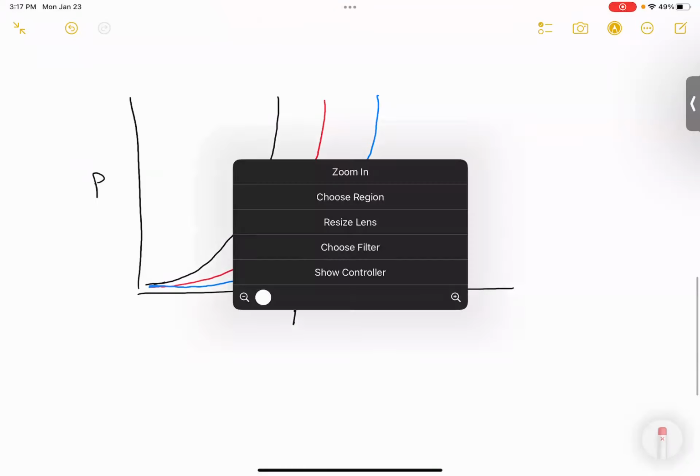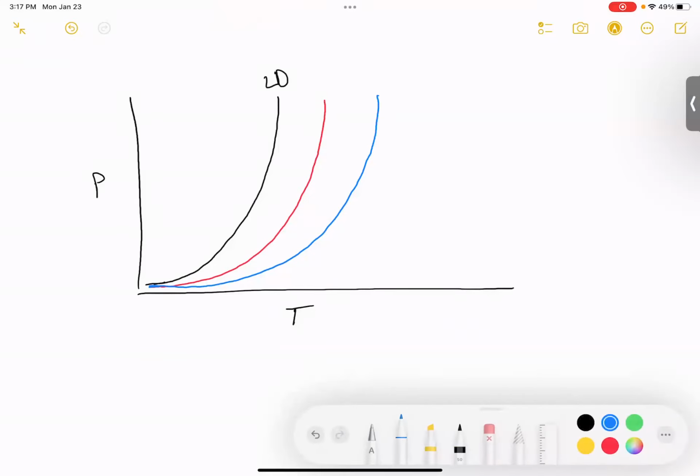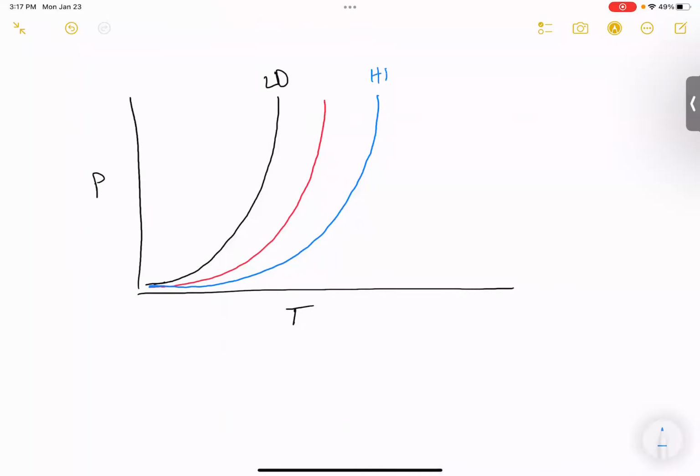Okay, so when you have London dispersion forces, they're going to go into vapor phase pretty quick. Whereas if you have hydrogen bonding, it's going to take a lot more energy to get those to go into the vapor phase.